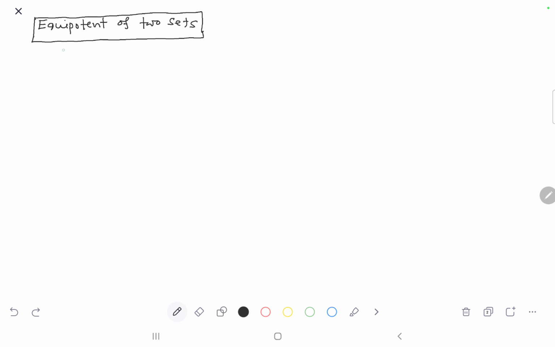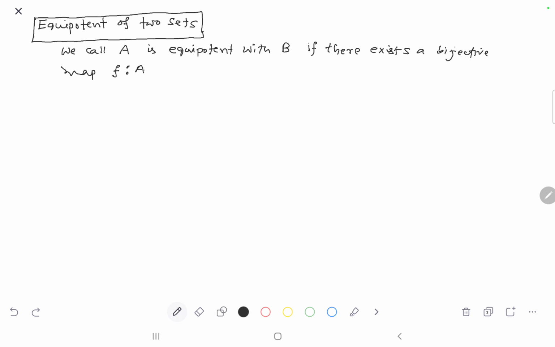We call A equipotent with another set B if there exists a bijective map f from A to B. Is the definition clear?